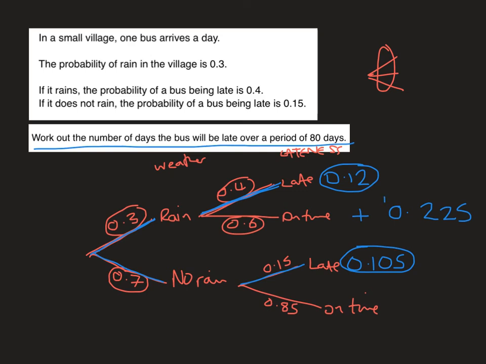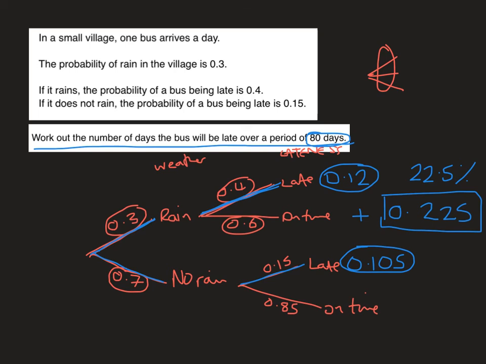I want the number of days the bus is going to be late. Well, this, if you like, is 0.225. You may remember the formula for expectation. However, don't forget another way to think about this is 22.5%. So it's going to be late 22.5% of the time. So if I've got 80 days, we're expecting it to be late 22.5% of the time.